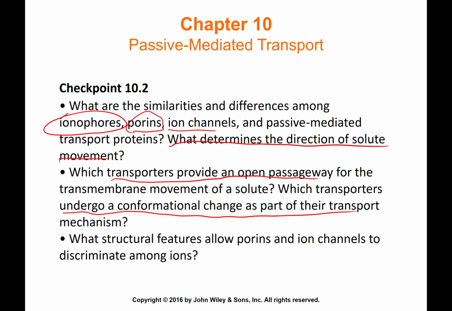But then the channel has a slightly bigger pore where it'll bind very well to potassium, but not to the smaller sodium because the bonds between the channel polar groups are basically too long for sodium to actually enter in there and bind effectively.